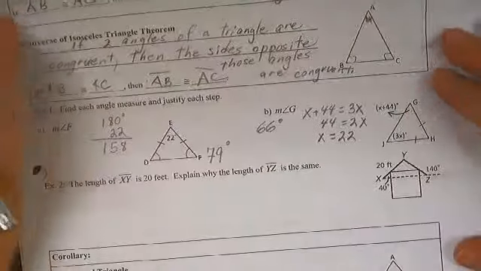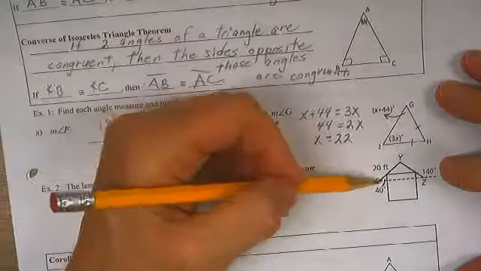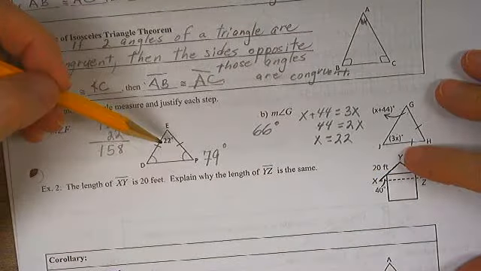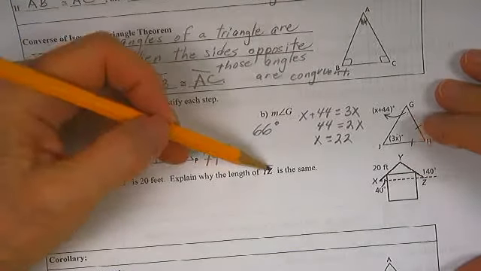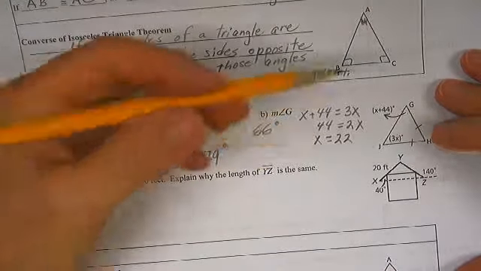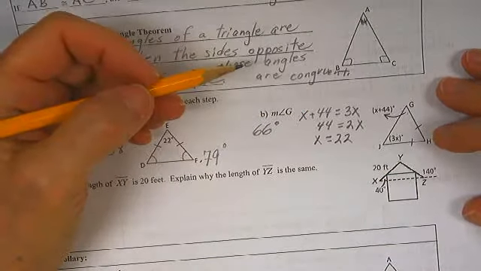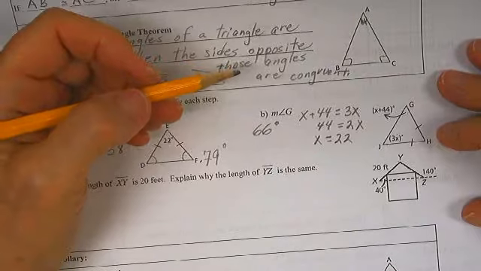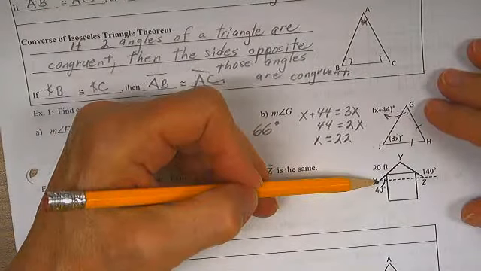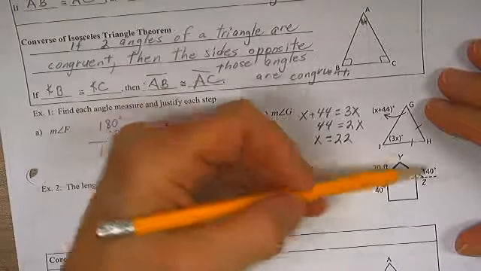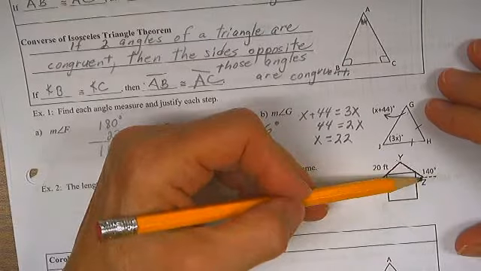One last problem. The length of XY is 20 feet. Explain why the length of YZ is the same. How do I know that this is congruent to this? Well, let's see. They give me angle X is 40 degrees. They give this exterior angle as 140 degrees.